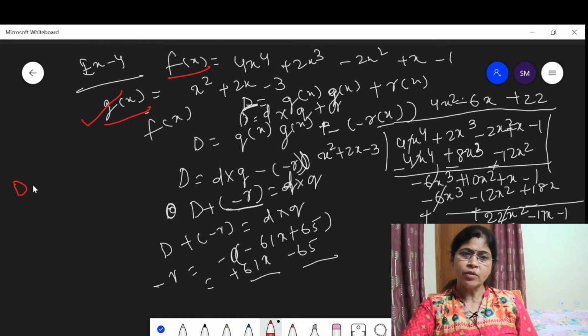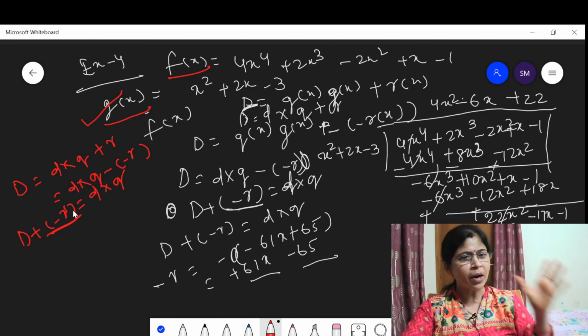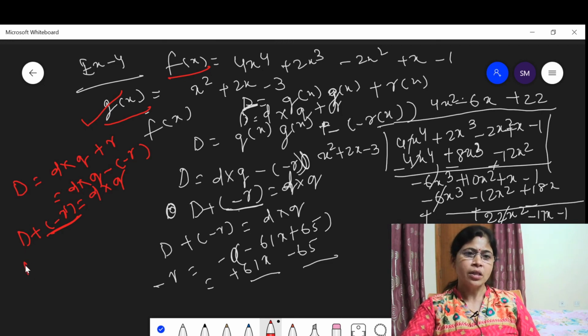As we know, the division algorithm: capital D is equal to D into Q plus R. Then we can write this as D plus minus R is equal to D into Q. This means when we add the inverse of the remainder, the dividend will be completely divisible by the divisor.